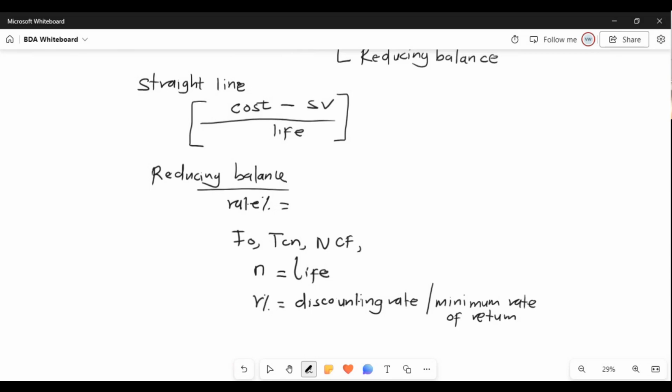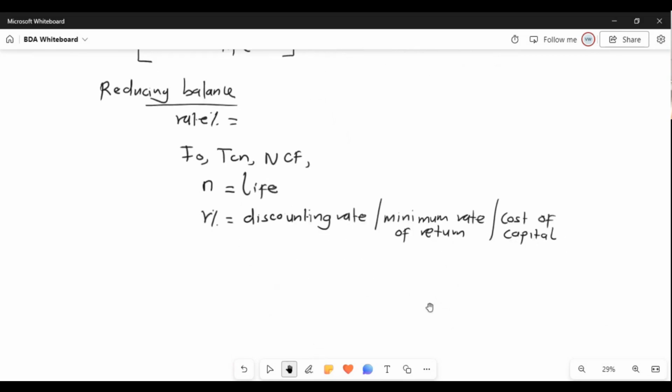And this minimum rate of return is also known as the cost of capital. Sometimes the discounting rate can be presented as the weighted average cost of capital.